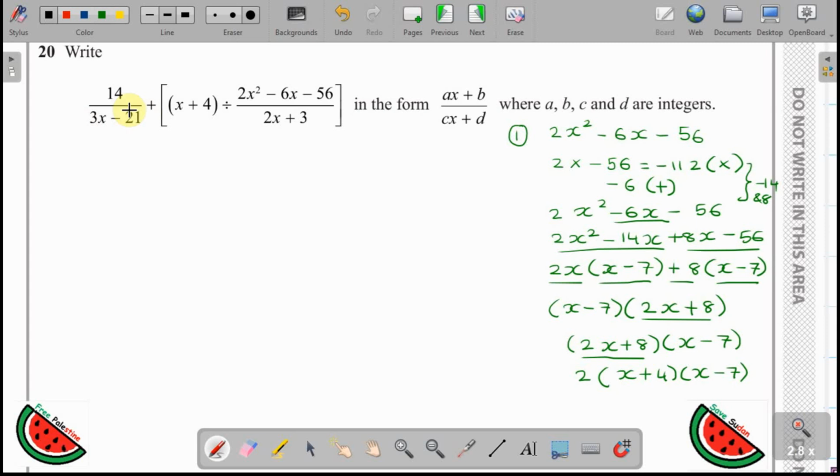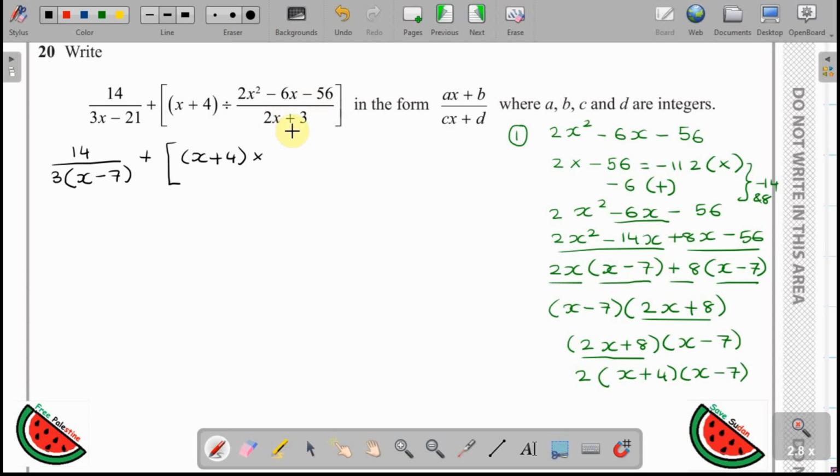I'm also going to factorize this denominator. I'm going to start off with 14, and the highest common factor is 3, bracket x minus 7, plus I have x plus 4. Can you see this division sign? I'm going to change it to multiplication. When you divide by a fraction, it's the same as multiplying by its reciprocal, so you flip the fraction over.